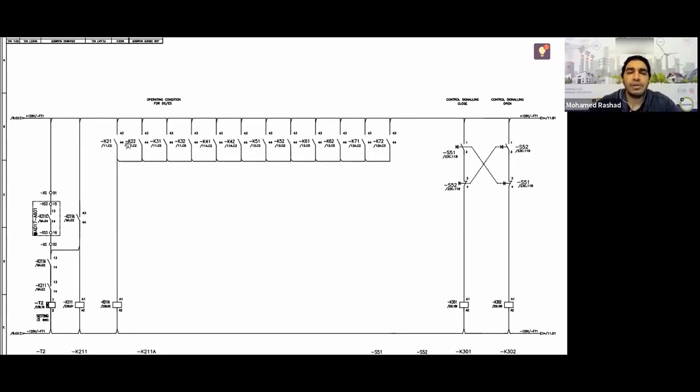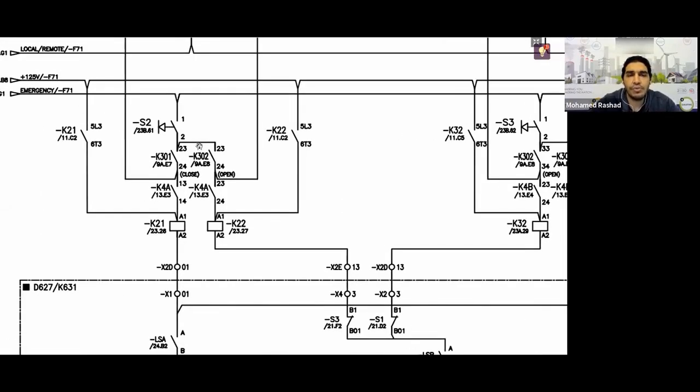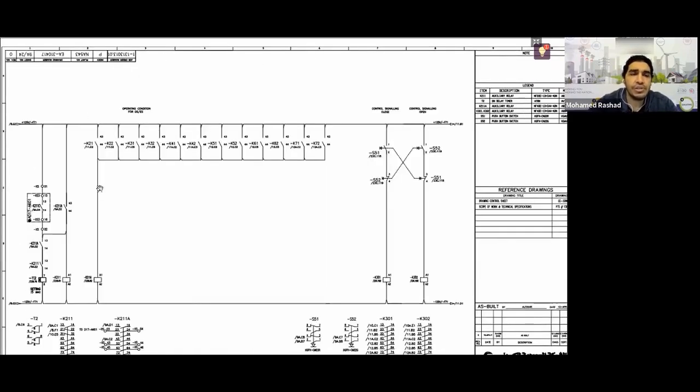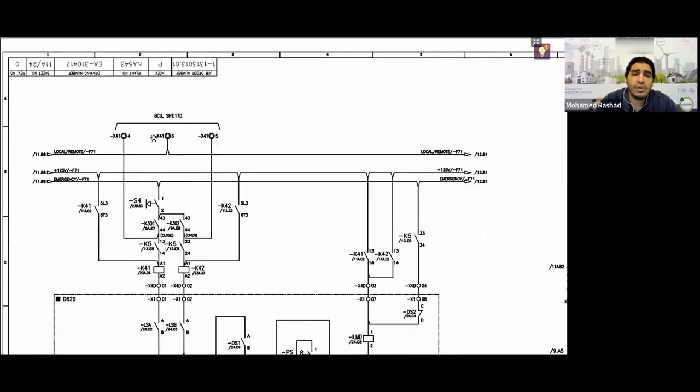So at K21 or K22, whichever situation I chose, for example, it works and latches onto itself, right? As long as K21 is working and latched onto itself, it means that the knife has not yet reached the end of its journey. Why? Because if it were supposed to reach the end of its journey, what would happen?